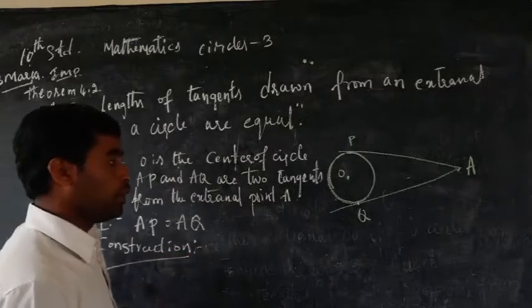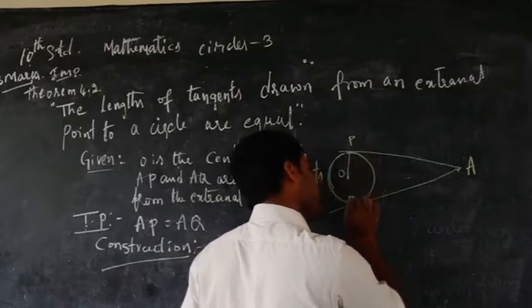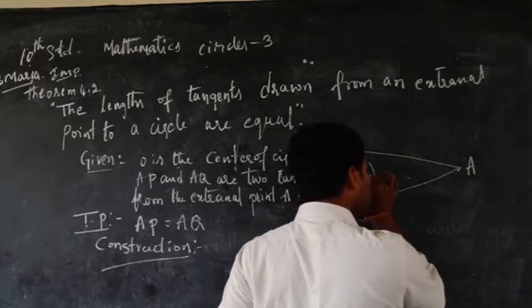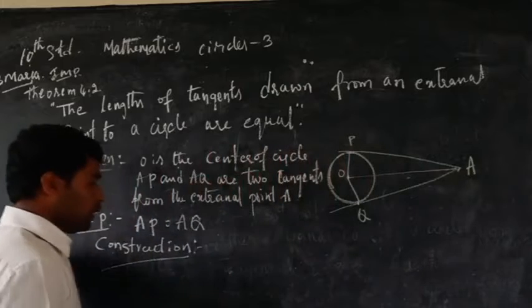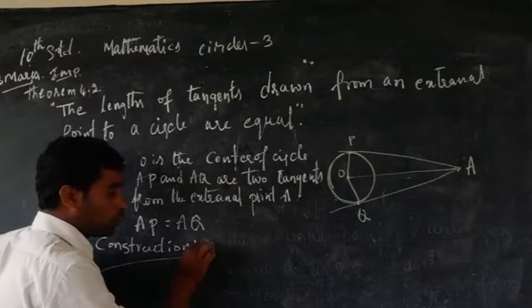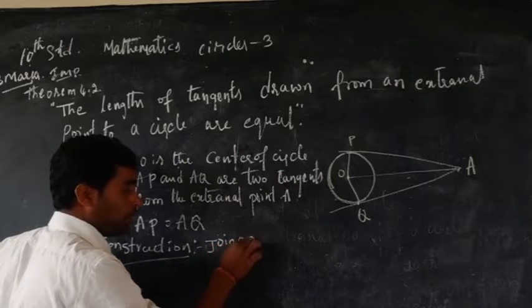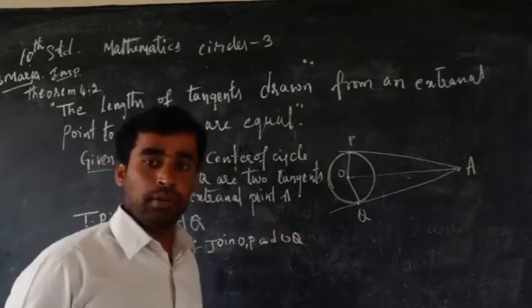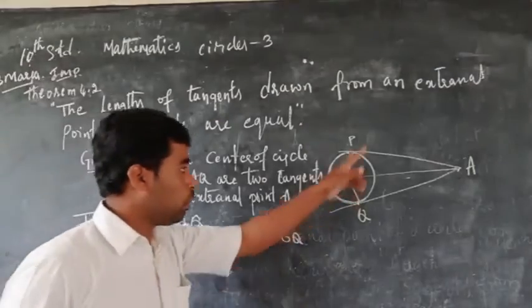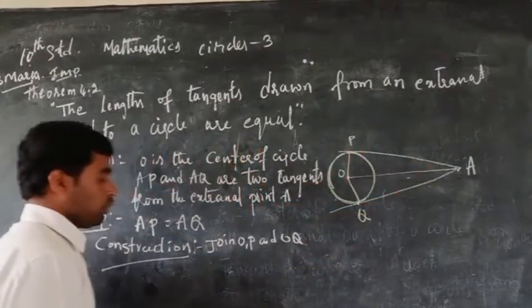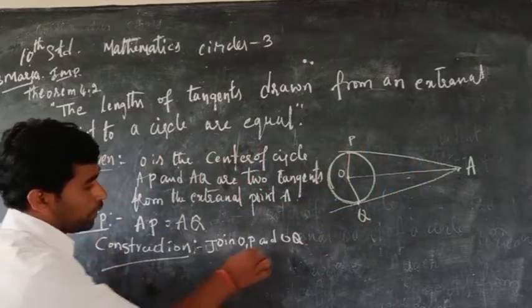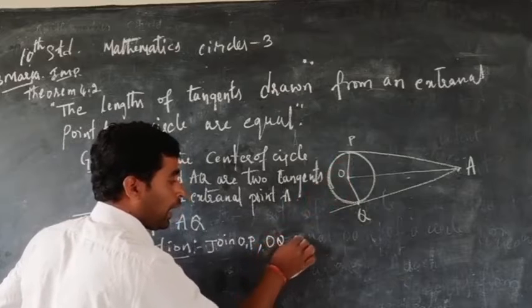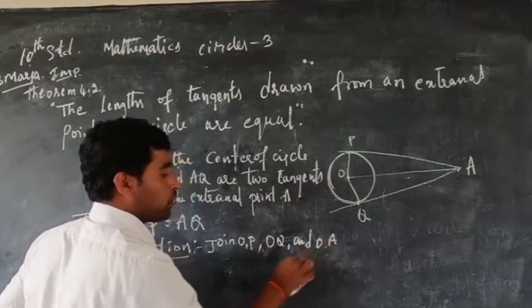We have to join OP, OQ, and also OA. So we need to join OP, OQ and OA. We need to join these.